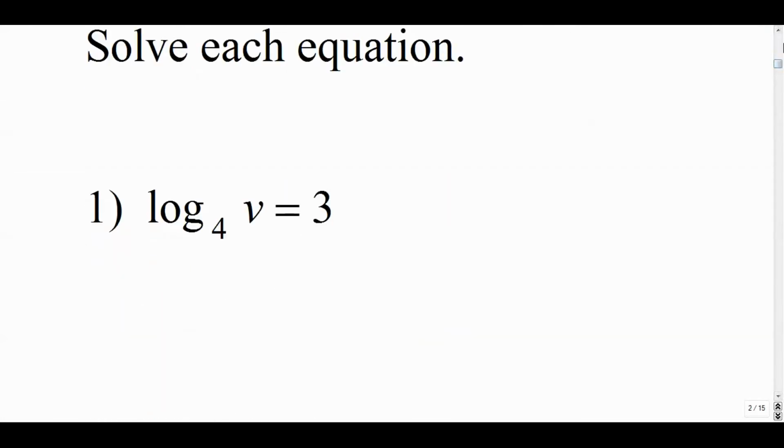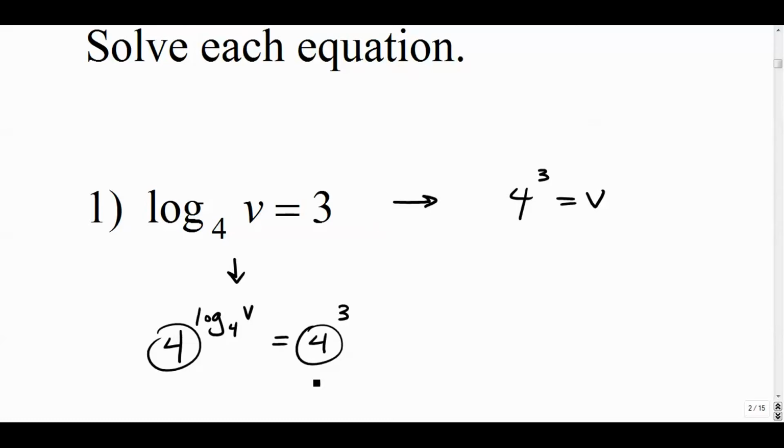Number 1. Here we have log base 4 of v equals 3. There are two ways to solve this. You can use your relationship and just say 4 to the third power equals v, or you can exponentiate with base 4, raising both sides.